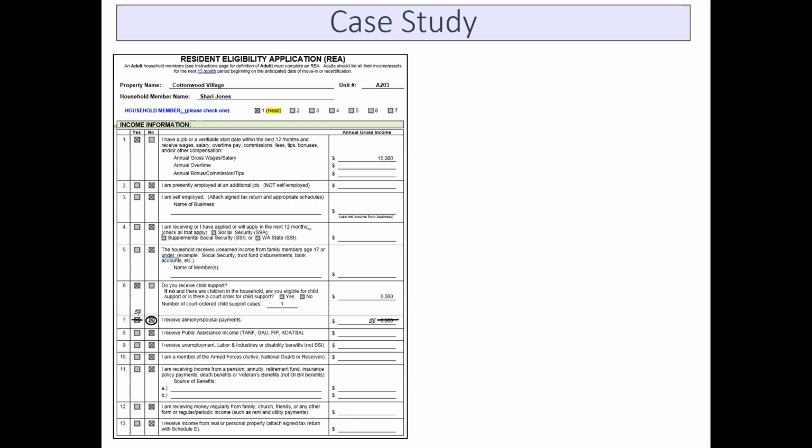Also notice on number 7, initially Sherry made an incorrect check mark in the yes box on that alimony. The correct way to have the resident show that it was an error is to cross out the incorrect answer, have them initial it, complete the correct answer, and then circle the part that's correct.